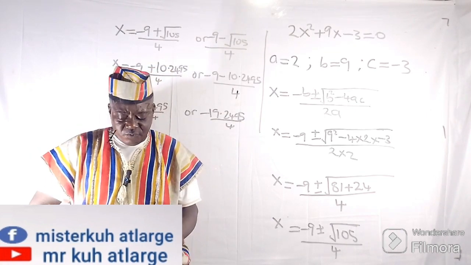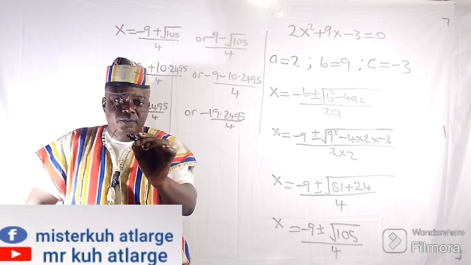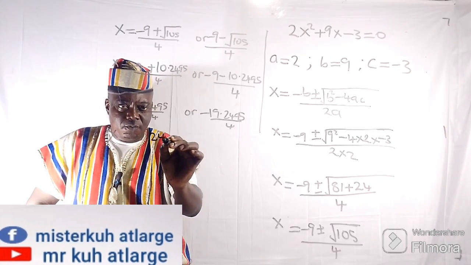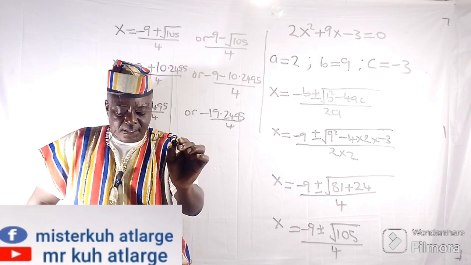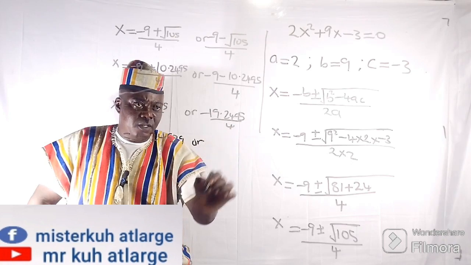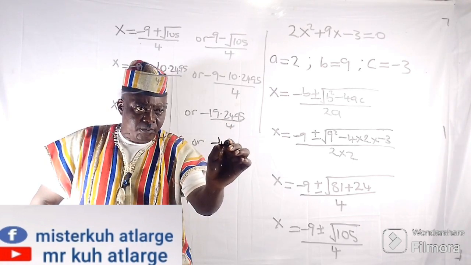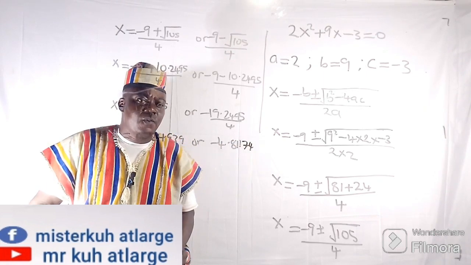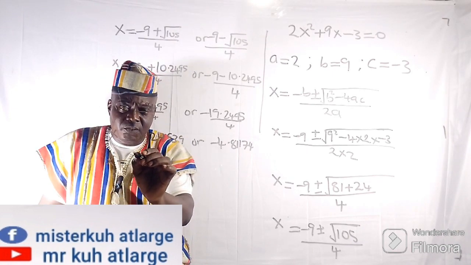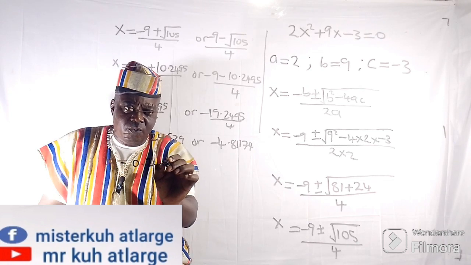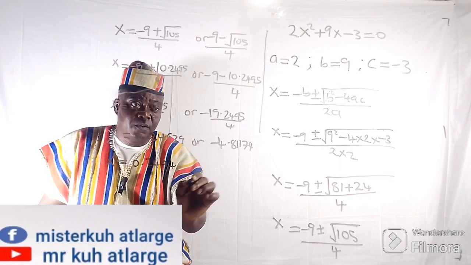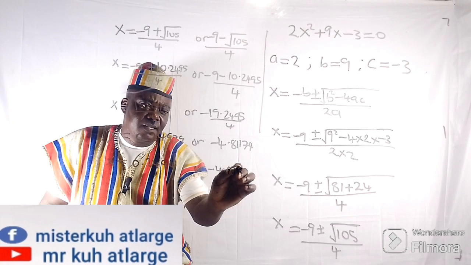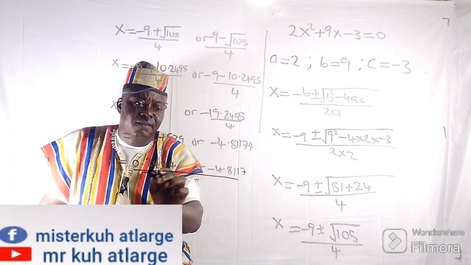If you divide that, from my calculator, I got 0.2494, or negative 4.8117. That is the final answer.